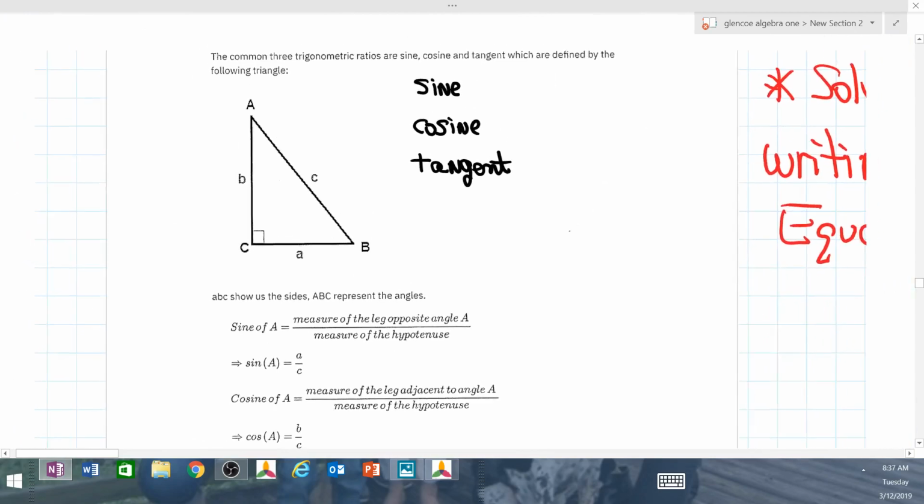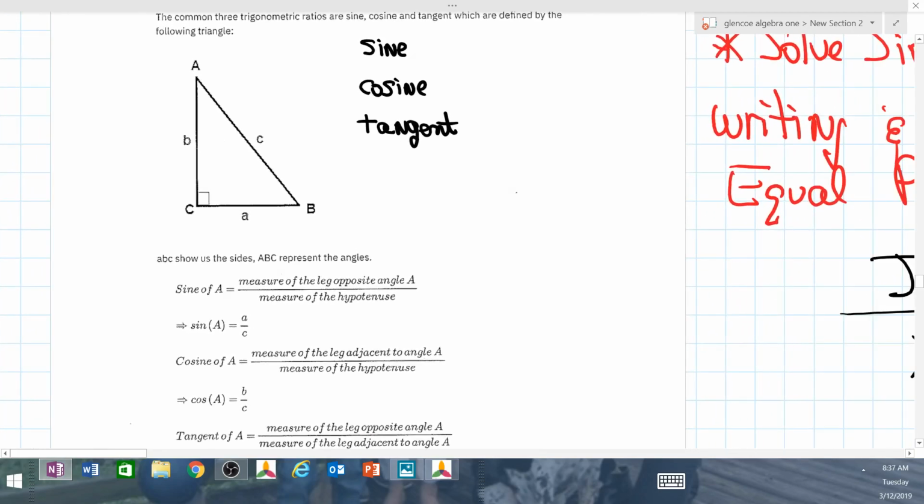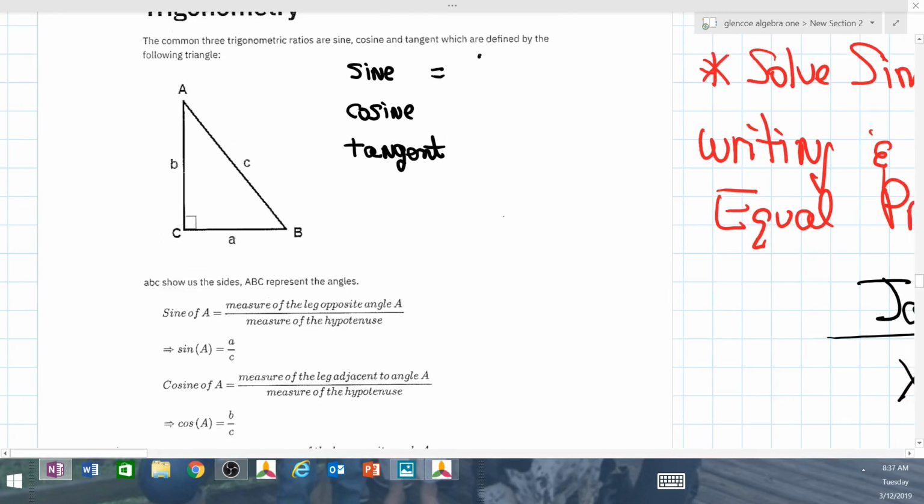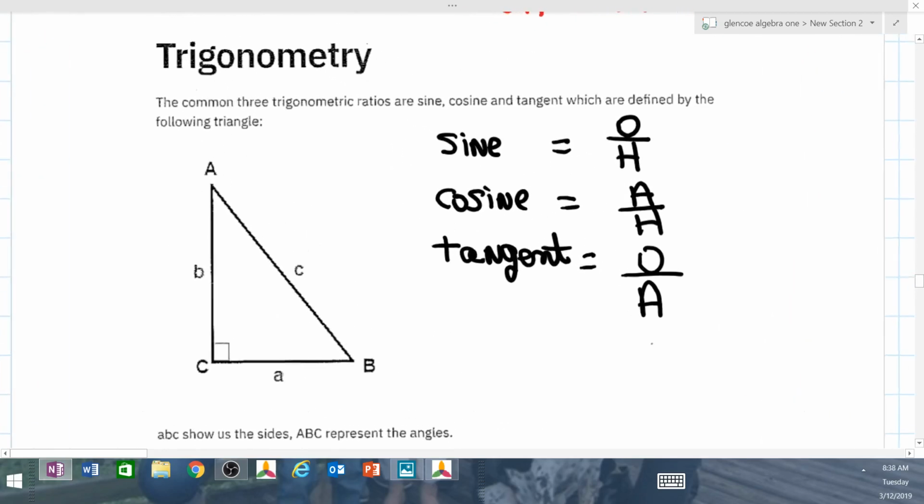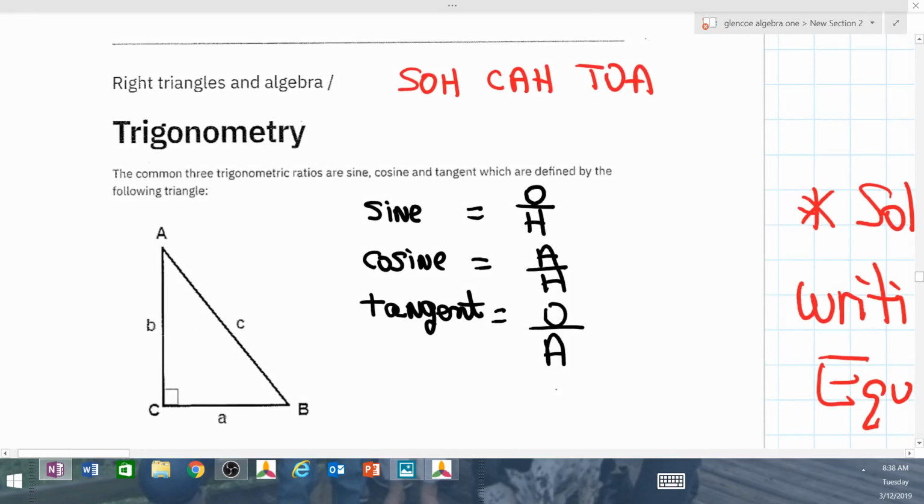The sine is the measure of the leg opposite angle A over the hypotenuse. So the sine is the opposite over the hypotenuse. The cosine is the adjacent over the hypotenuse, and the tangent is the opposite over the adjacent. So we're going to take it nice and slow. Remember, it's SOHCAHTOA. So the first letter, S, represents sine.